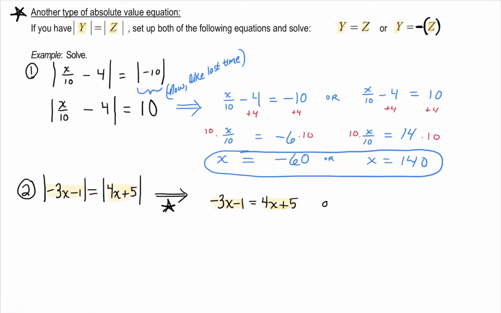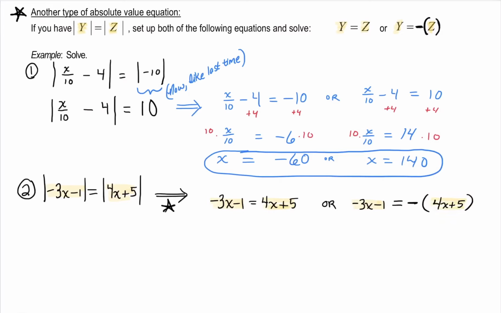Or it could be that one of them, let's say negative 3x minus 1, that's like the y, so we're taking the inside of one of them, could be the opposite of the other one, which is 4x plus 5. So they could either be the same or they could be opposites.